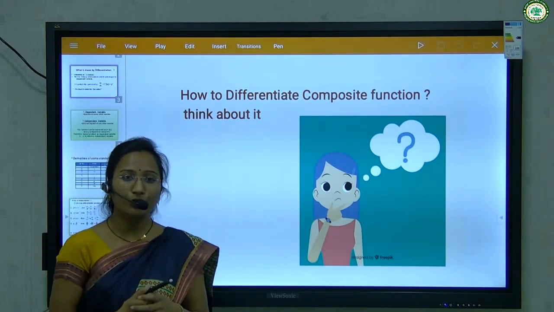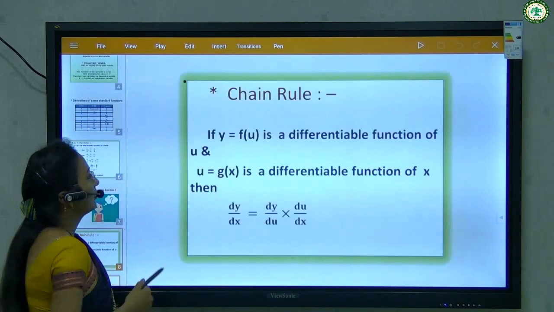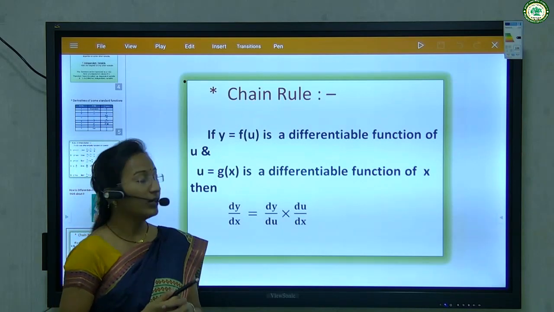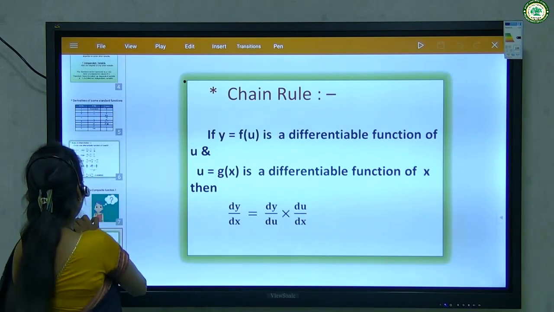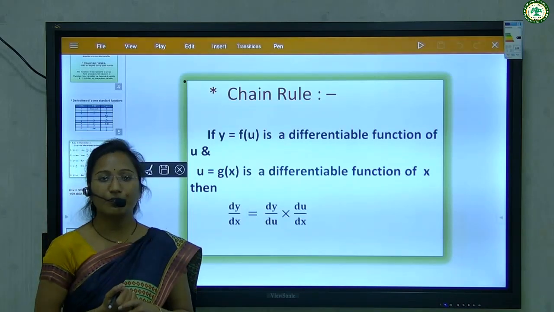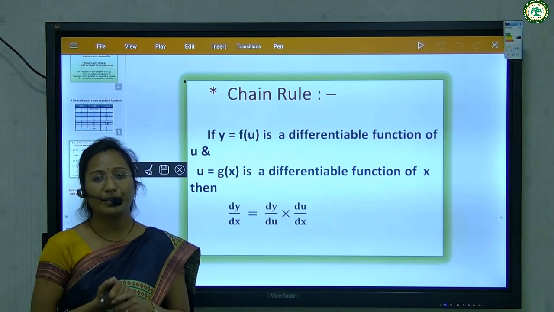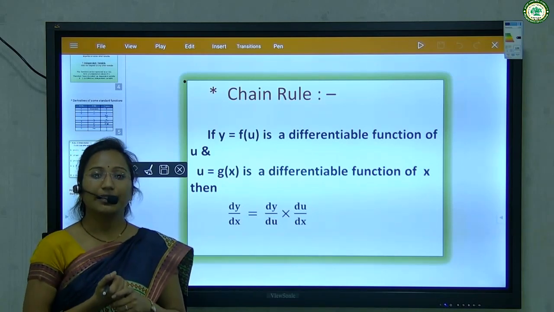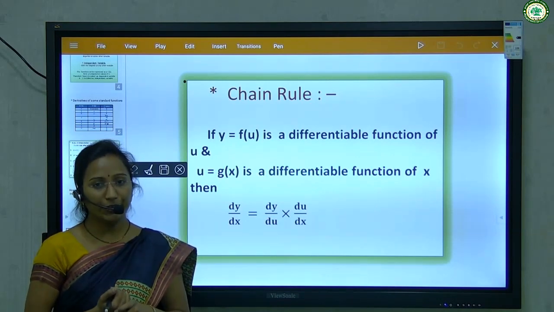First I will tell you the chain rule. The statement of the chain rule is: if y is equal to f of u is a differentiable function of u, and u is equal to g of x is a differentiable function of x, then dy upon dx is equal to dy upon du into du by dx.